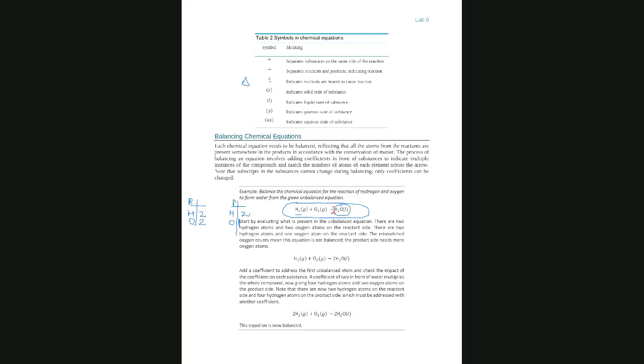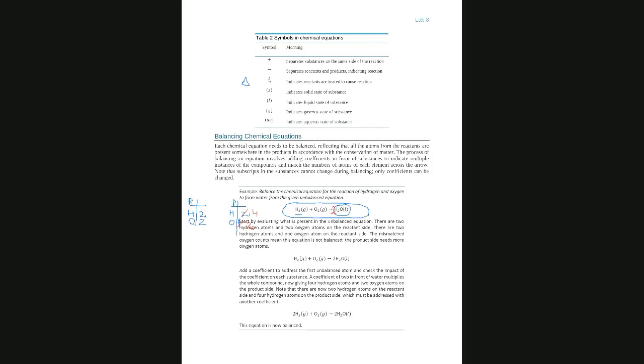That is a coefficient. As soon as I do that, I need to correct everything. If I add a coefficient of 2, I will cross the 1 and I will write now I have 2 oxygens. And then how many hydrogens do I have? 2 times 2, I will have 4. Everybody follows me?